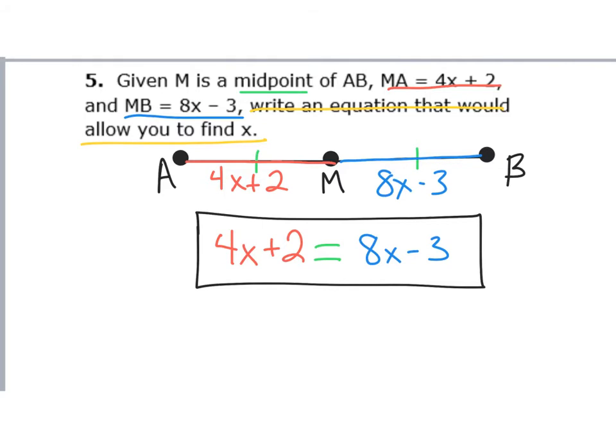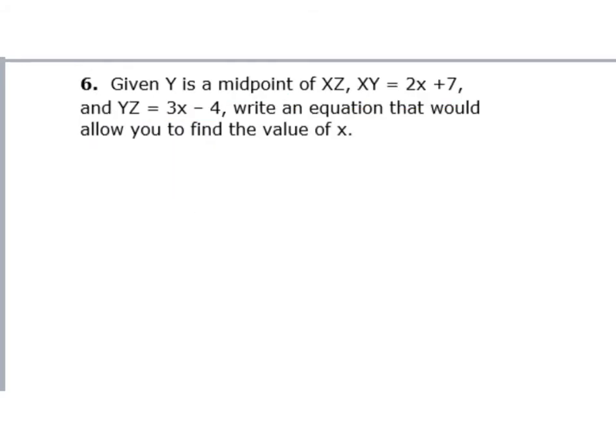Okay, number 6. Just like the last one, y is a midpoint. So this time again, I do have a midpoint. If I look at my picture, I can put my dot right in the middle, which means I can come back and say midpoint means both of these sides are equal. The midpoint is y, and it's the midpoint of xz.